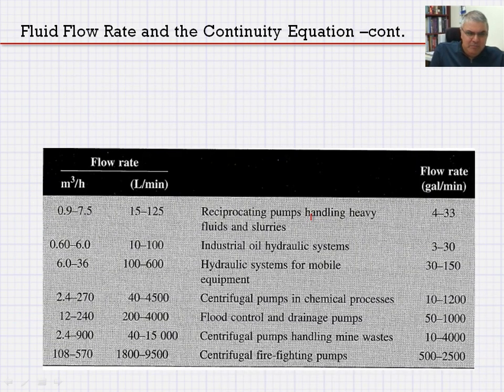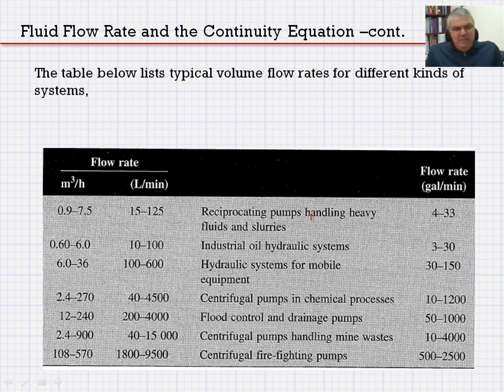So this table provides typical volume flow rates for different kinds of systems. For example, if you can see here, the flow rate for industrial oil hydraulic systems, depending on the capacity of the system, would be between 3 to 30 gallons per minute.